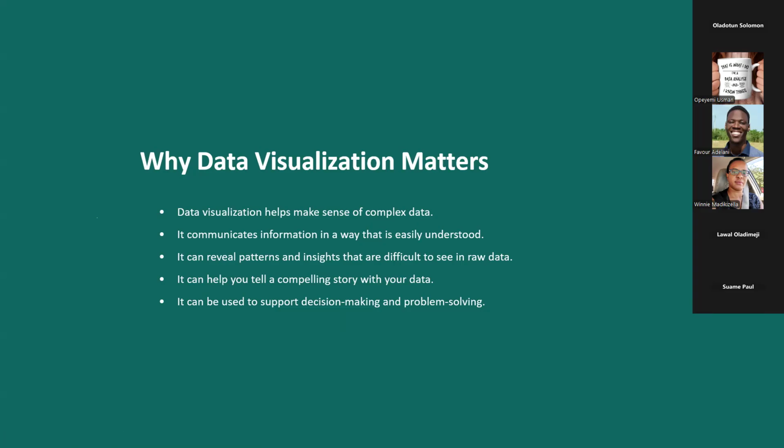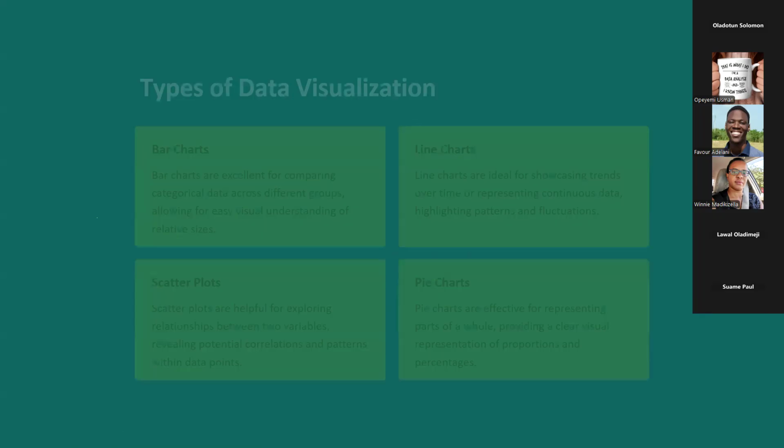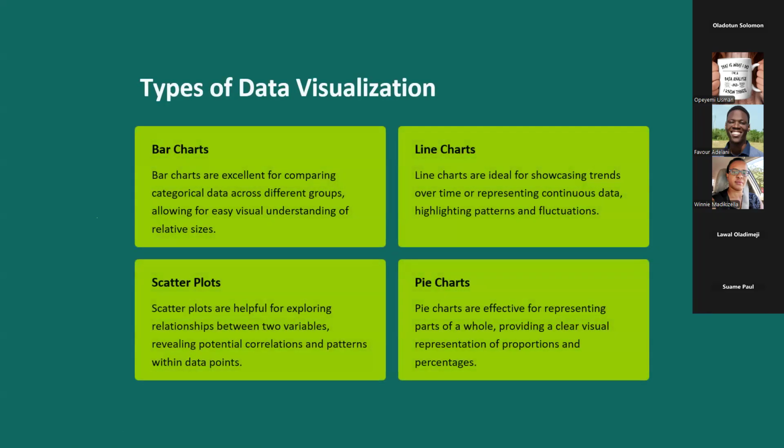So now, some of us here, or most of us here, already visualized in Excel. So I wouldn't be saying too much on data visualization. We already explored some data visuals like bar charts, line charts, and pie charts, and I could see that a few people even tried to explore scatter plots and other types of visuals in Power BI.